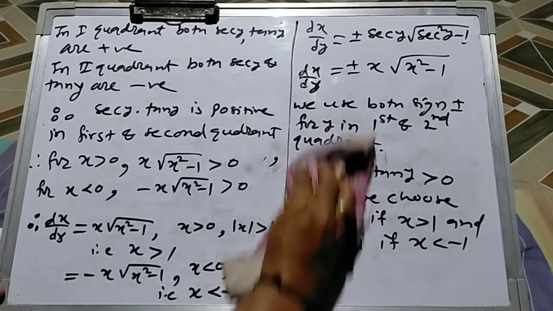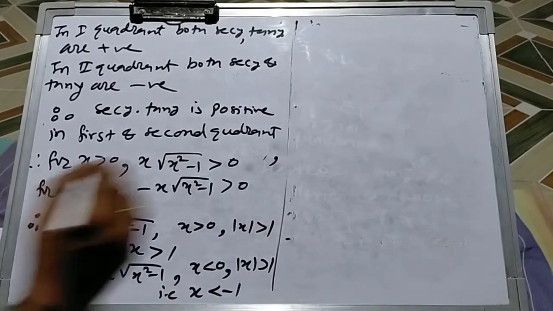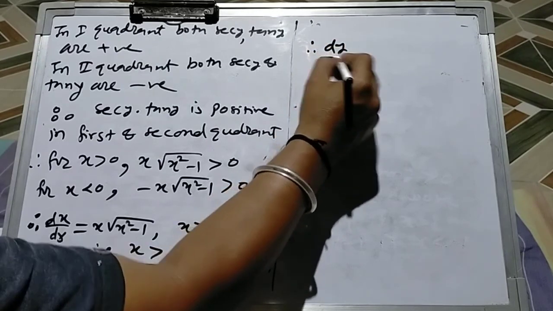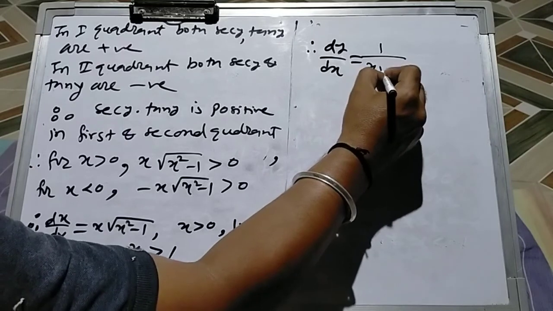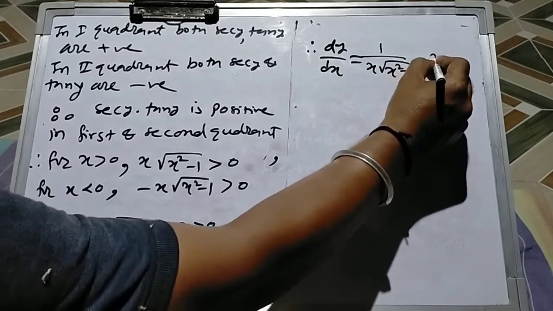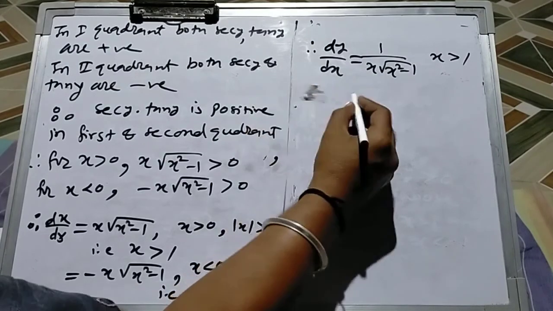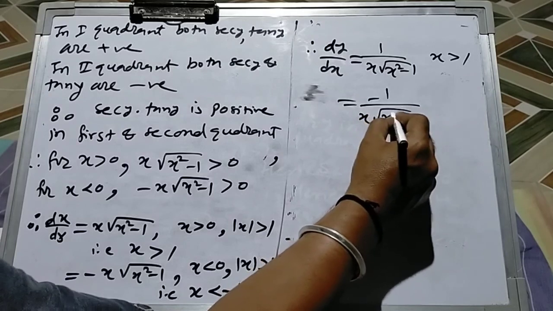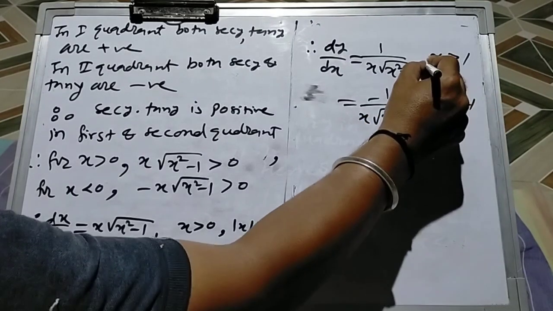So therefore dy/dx = 1/(x√(x² - 1)) whenever x > 1, and dy/dx = -1/(x√(x² - 1)) whenever x < -1.